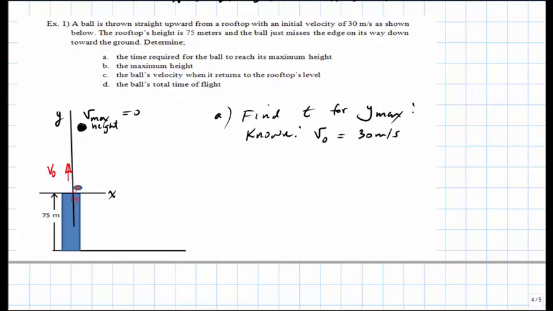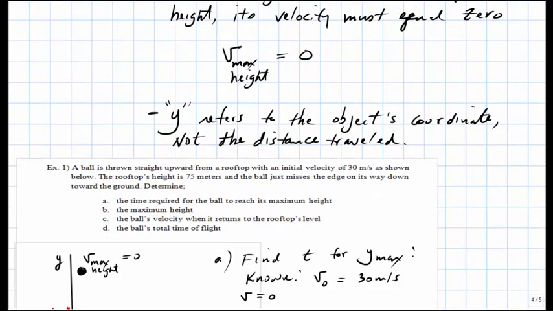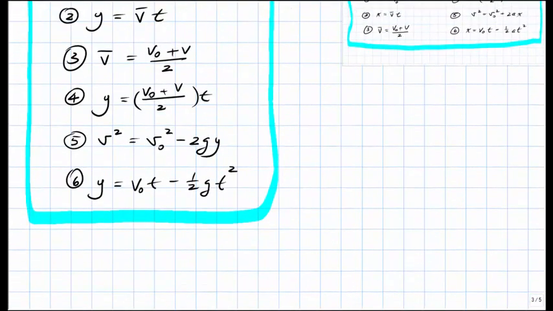We also know that the velocity at the location that we're interested in equals 0. With these two values, we should be able to determine the time for maximum height. So let's take a look. We know v0, we know v, now we want to find an equation that solves for time.